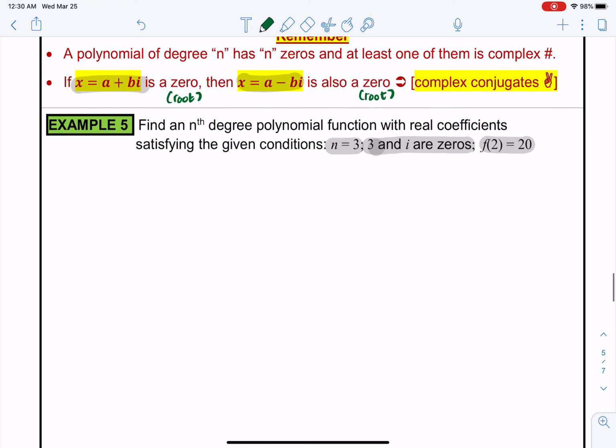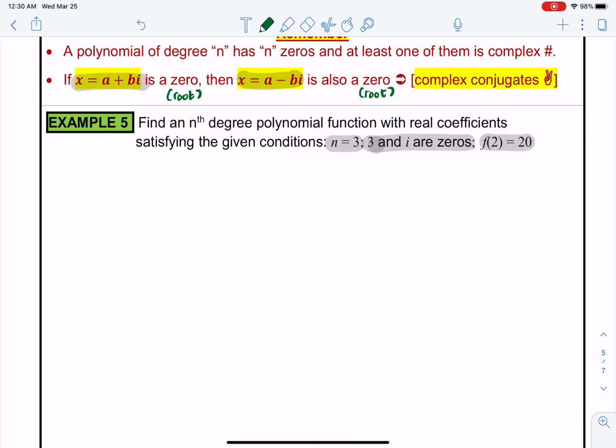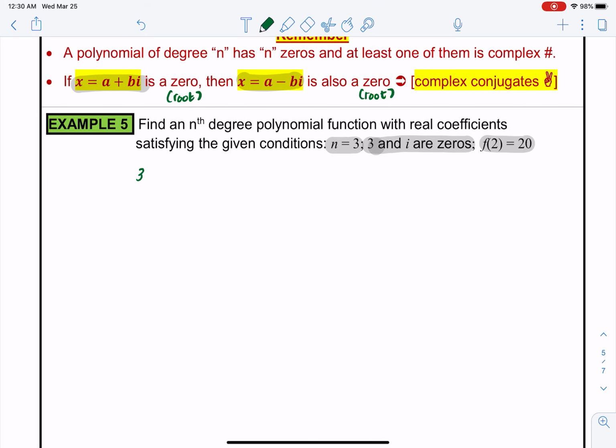So 3 is a zero, that is a given, which would imply x minus 3 is a factor. i is a zero, but i is not a zero. Well, that was a bad joke. So x minus i is a factor.